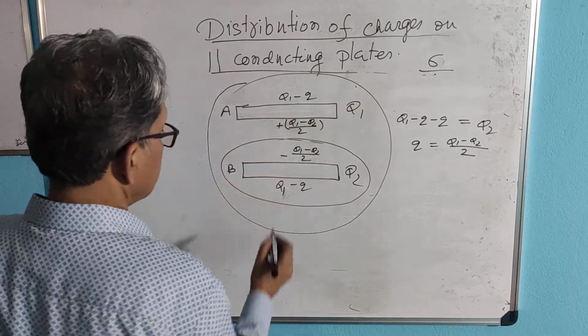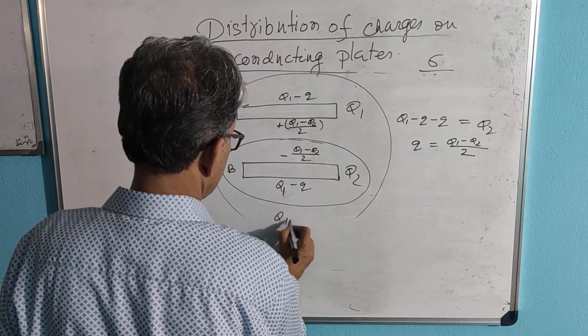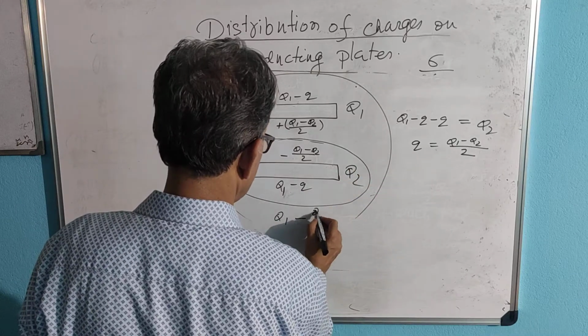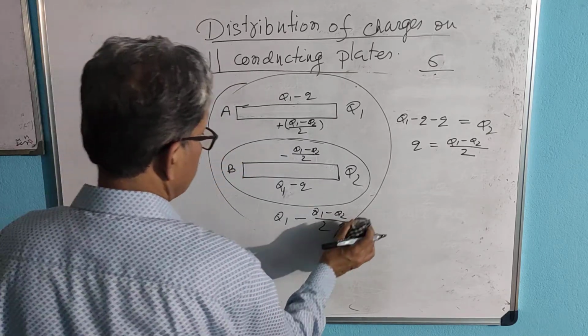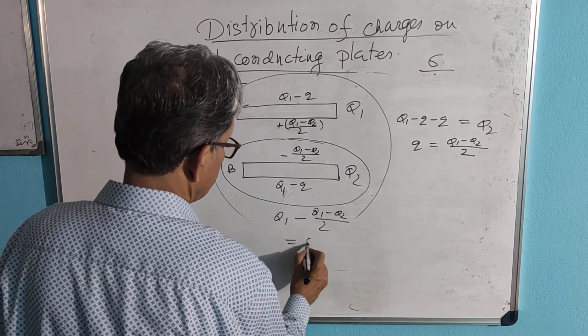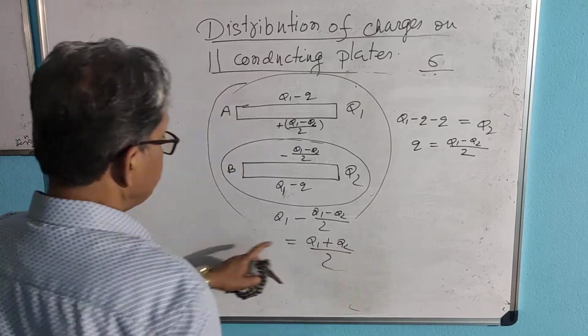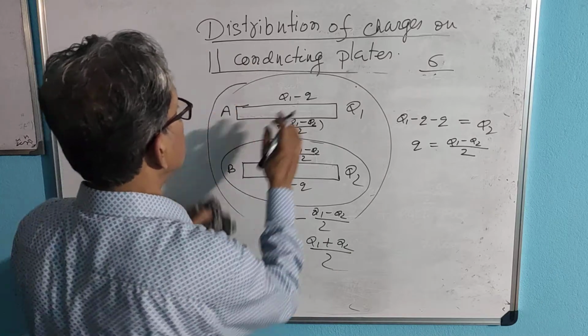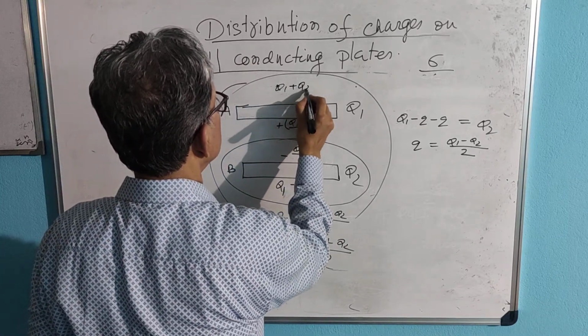What is the charge? Q1 minus Q. That means Q1 minus, what is the value of Q, divided by 2. This will come out to be Q1 plus Q2 by 2. If this is Q1 plus Q2 by 2, this will also be Q1 plus Q2 by 2.